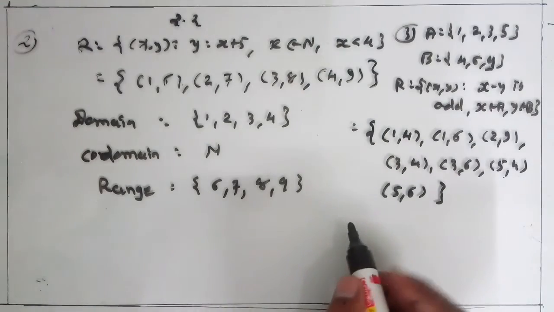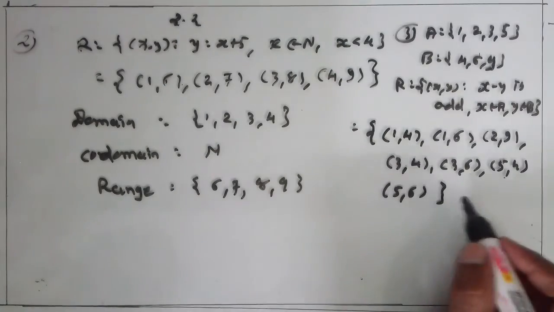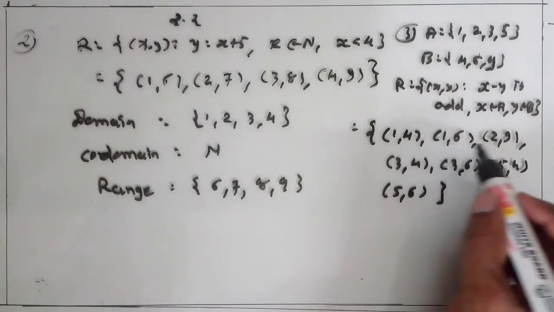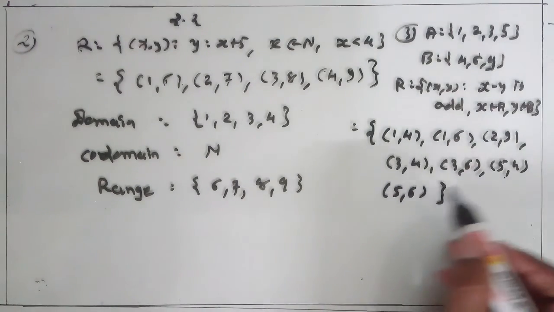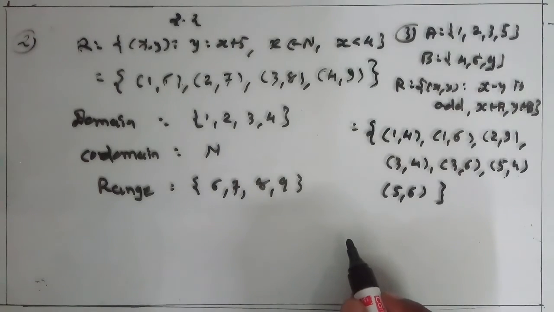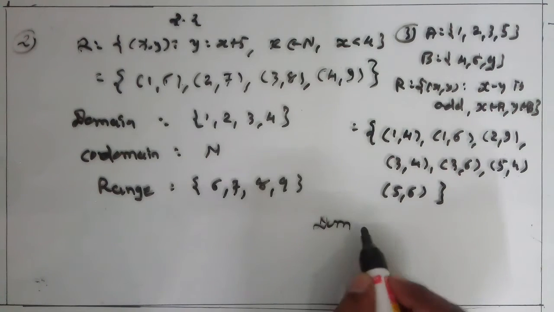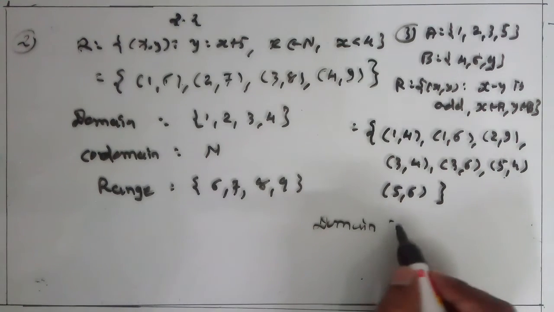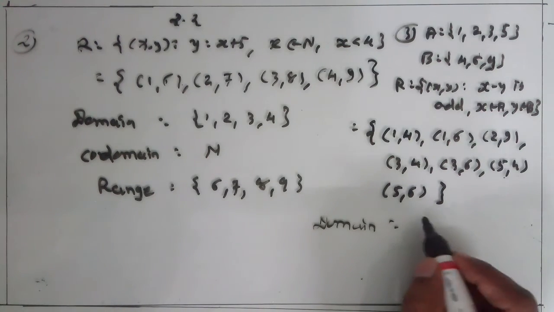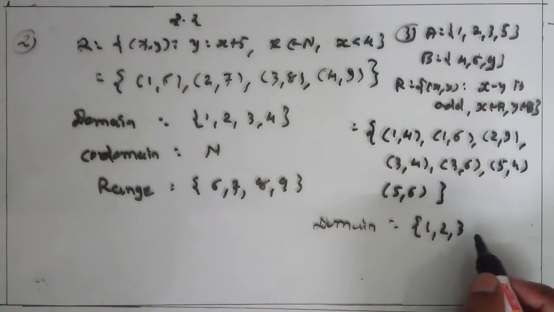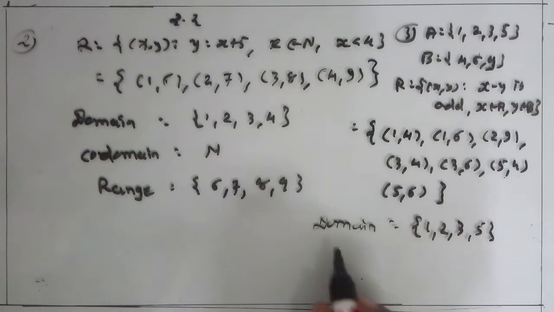Clear? So for this relation, the domain becomes 1, 2, 3 and 5. Domain is equal to {1, 2, 3, 5}. What is the codomain?